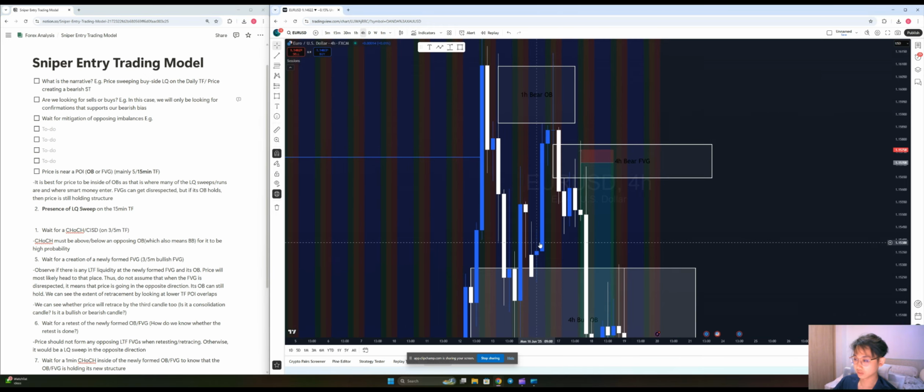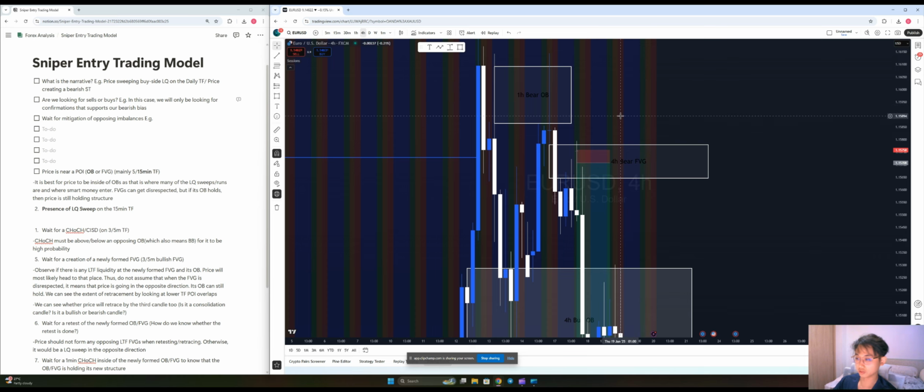As you can see, it comes from order block to order block. As it comes up, it forms this bearish order block, comes down, breaks this order block, comes up to break this order block. So price is jumping from order block to order block, with our mitigation of opposing imbalances.